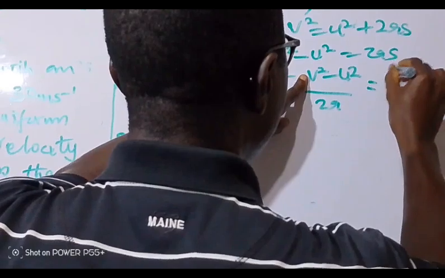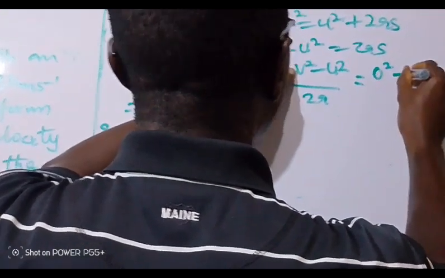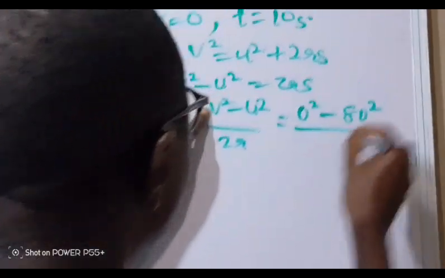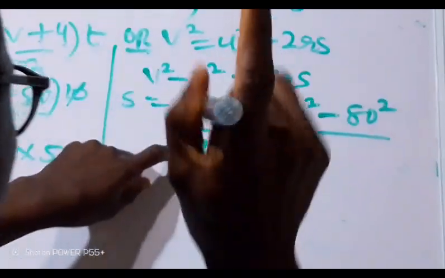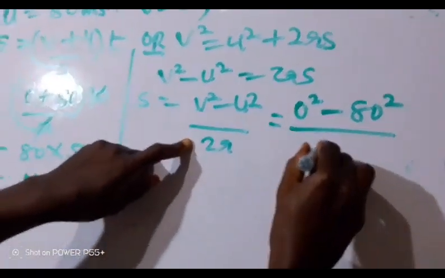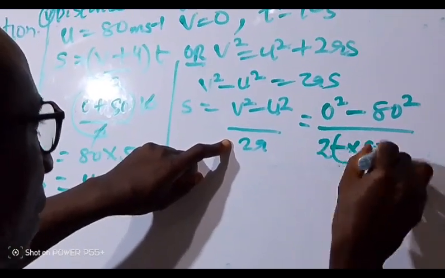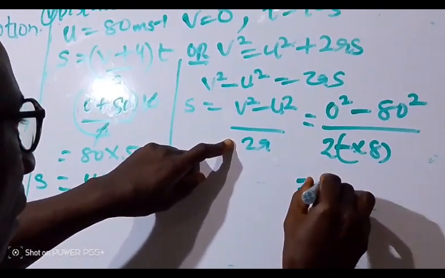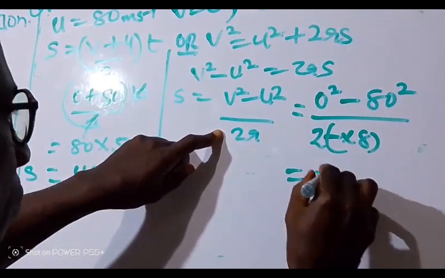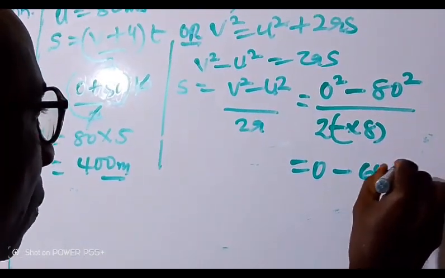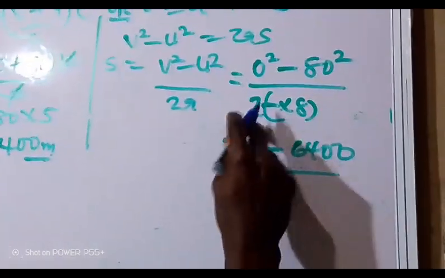That will be 0 square minus, what is our U? 80 square over, don't forget, our A the other time is minus 8. That's 2 multiplied by minus 8. So this one will now give us 0 minus 6400 over 16.